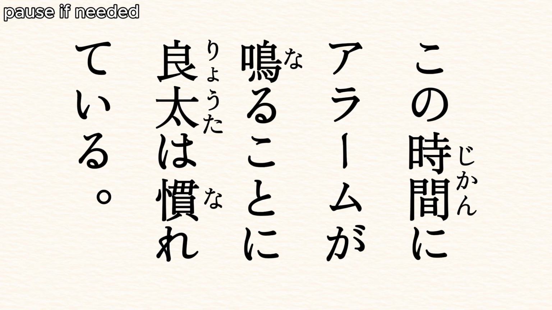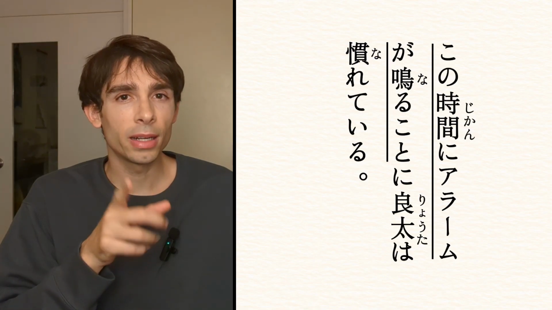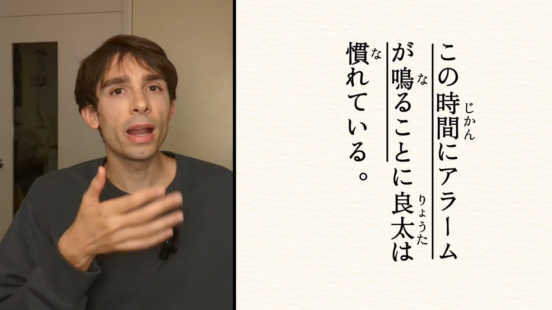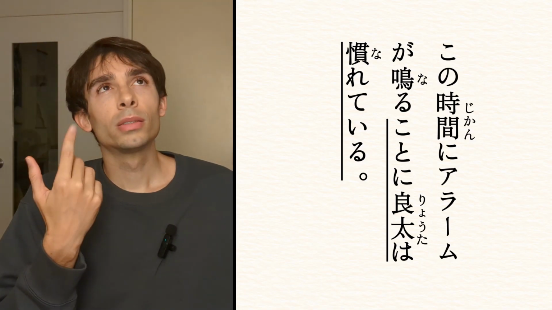Yeah, here there's something to keep in mind: some nouns act a little bit different, but these nouns are actually the most important nouns in Japanese. The first sentence here is この時間にアラームが鳴ること and ことに良太は慣れている。こと is the general noun for event and you can use it every time you are describing a general event.